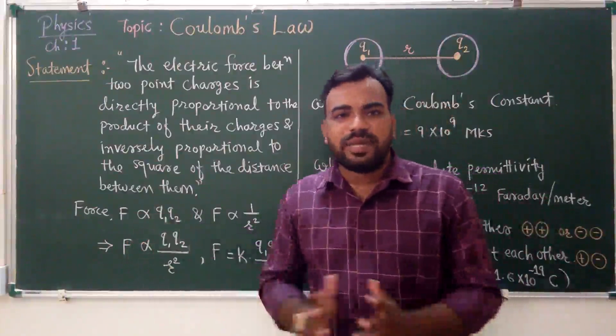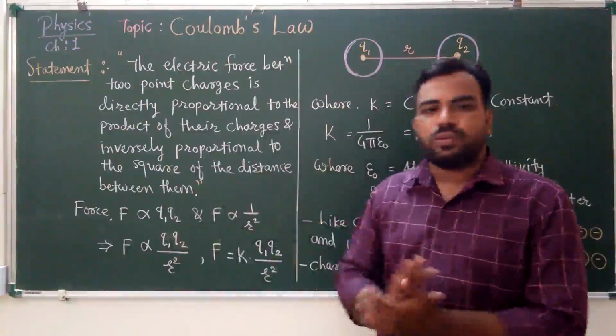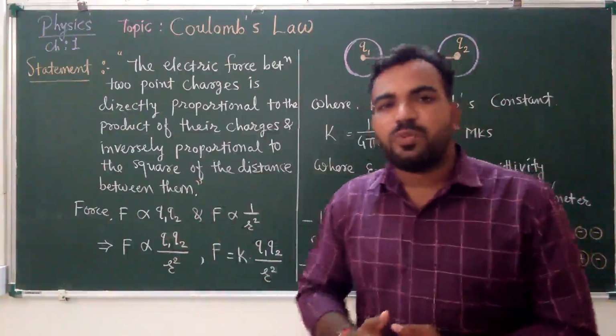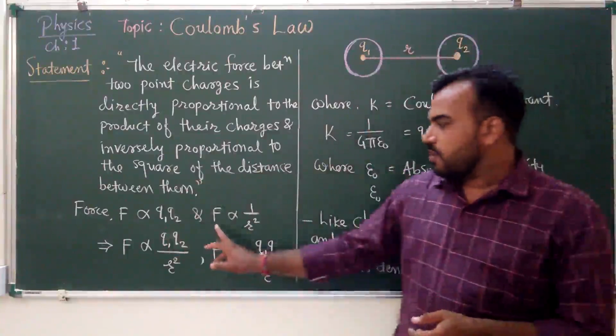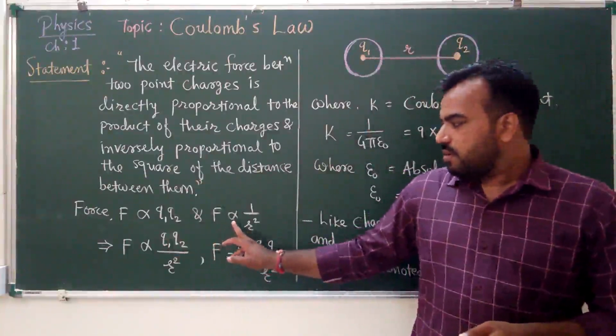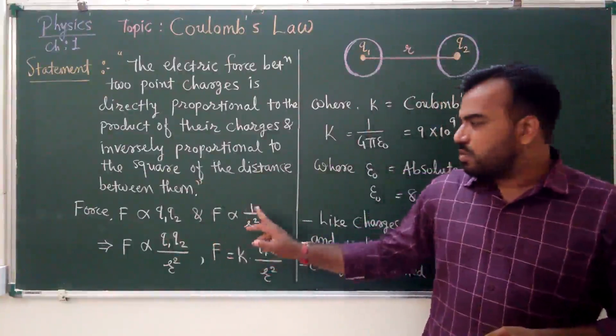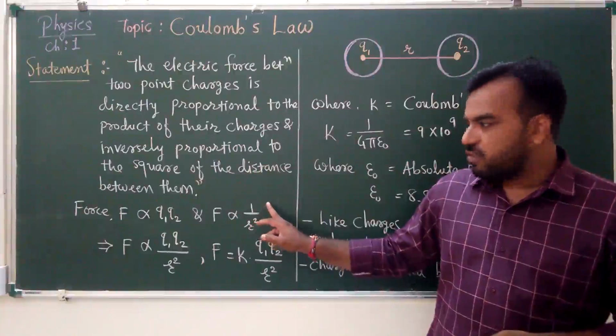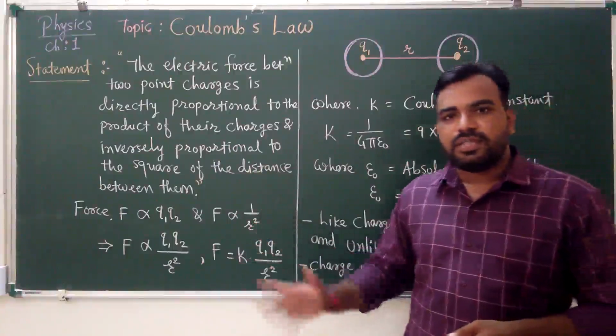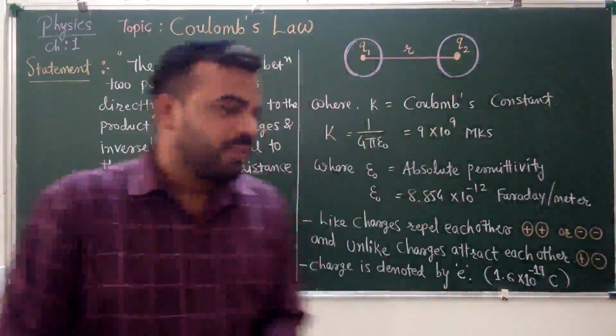Product means multiplication. And F is inversely proportional to the square of the distance, that is, 1 upon r square.